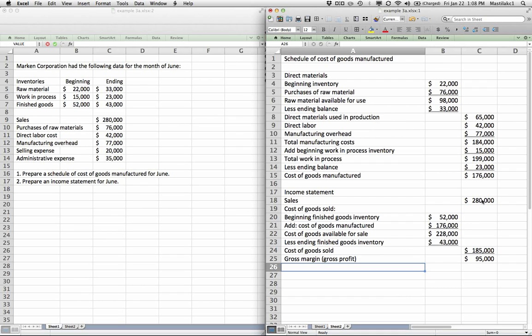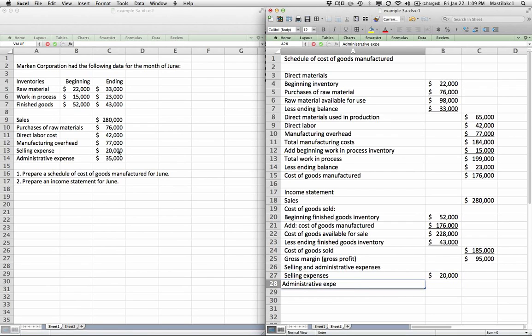From that, we're going to subtract our period costs, our selling and administrative expenses. So first we're going to include our selling expenses, and our selling expenses are $20,000, and then we'll include our administrative expenses of $35,000.